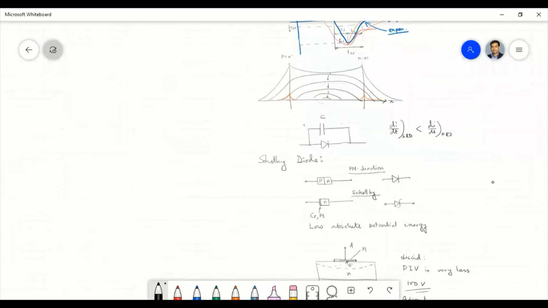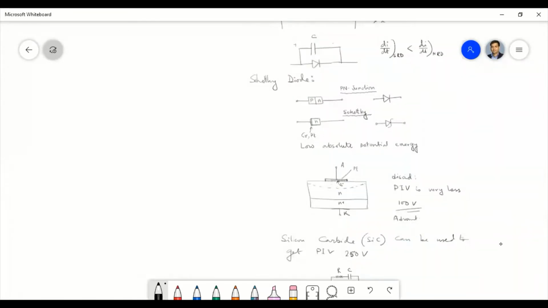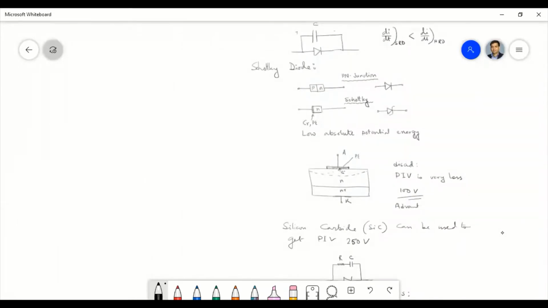And one more thing we discussed: every PN junction diode can be thought of as having a parasitic capacitance connected in parallel, and due to that it takes some time to switch on as well as switch off. So the storage charge phenomenon occurs in the PN junction diode, but that is not there in the Schottky diode.